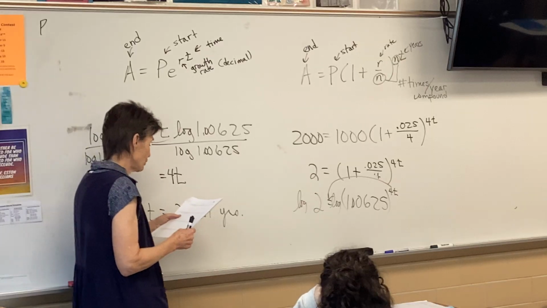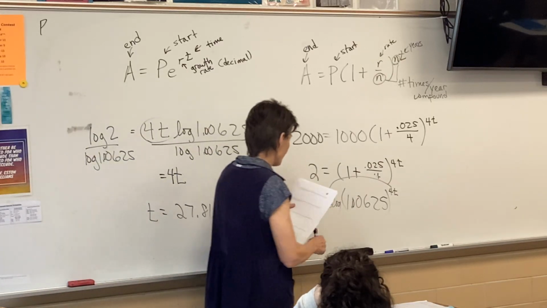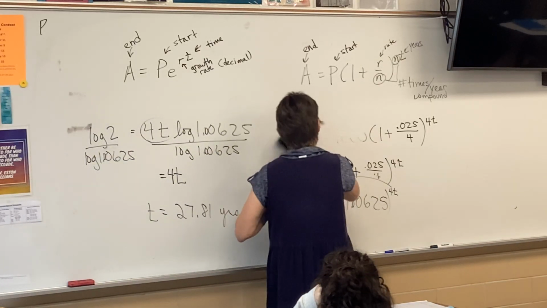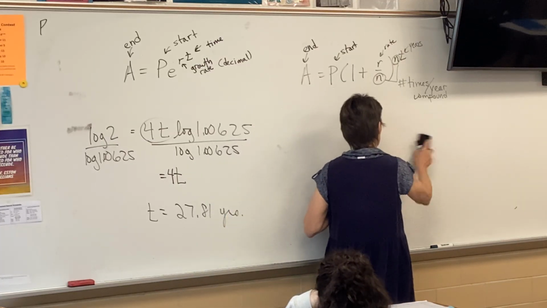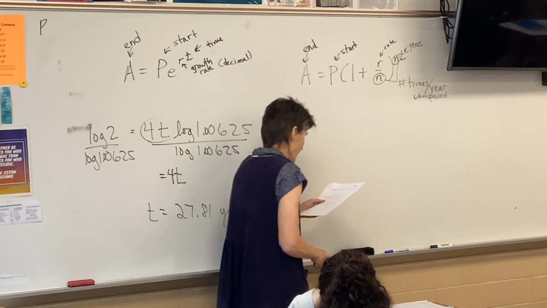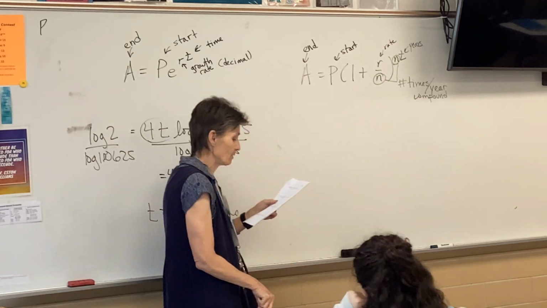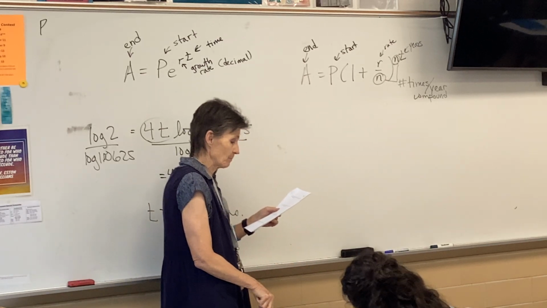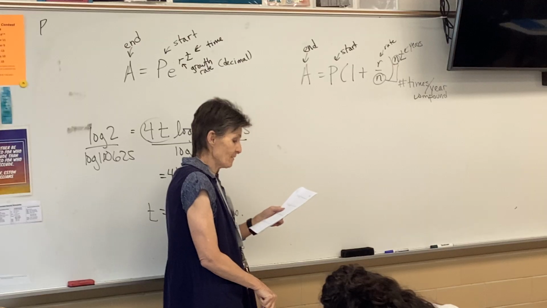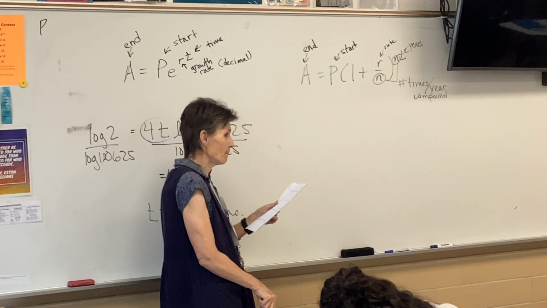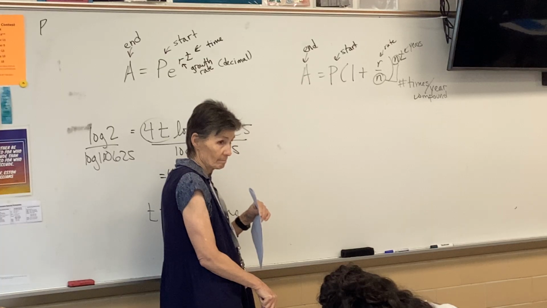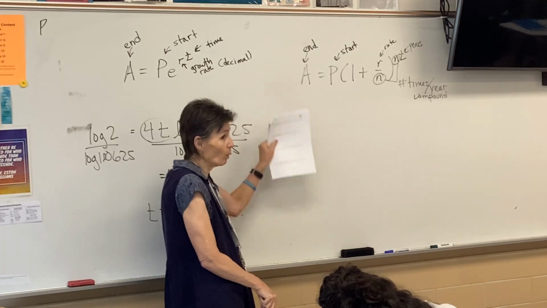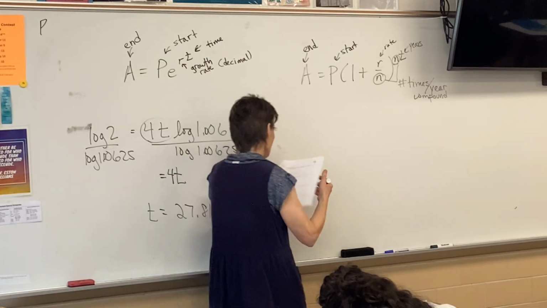Okay, number 2. First thing you do is figure out which formula you're going to need. How much will be in the account at the end of 10 years if this much is invested at this rate, compounded monthly? Same formula.